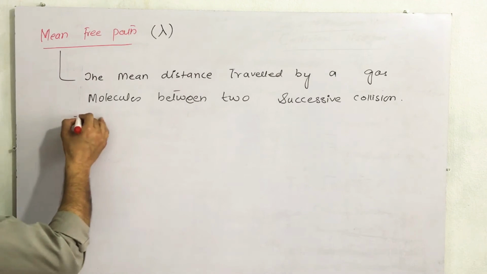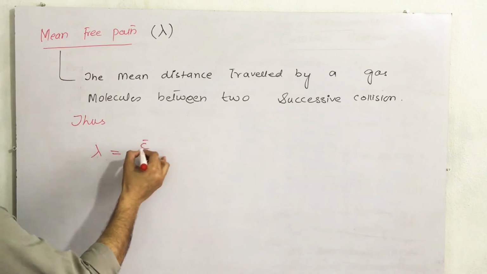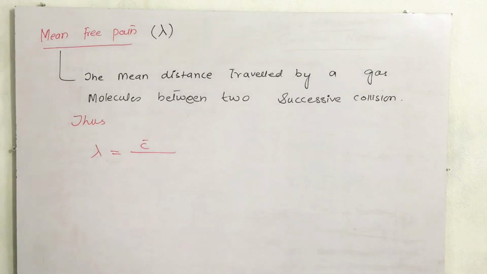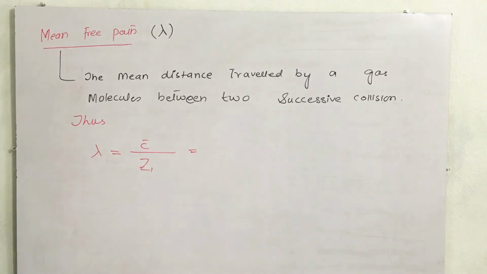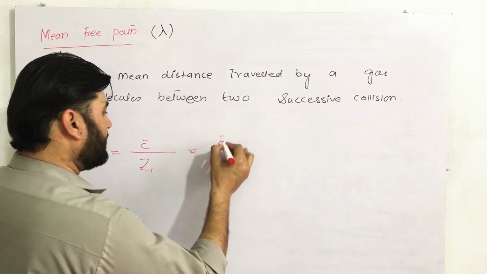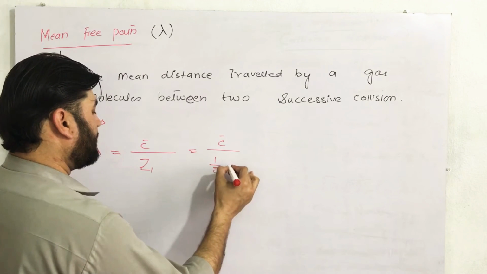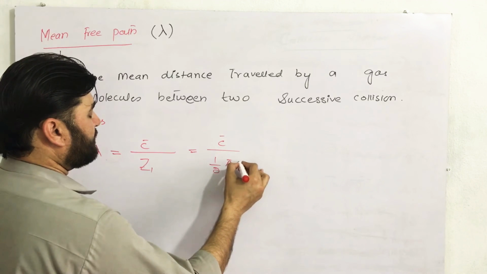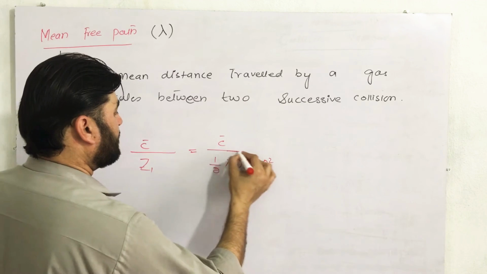Thus we can say lambda is equal to c bar, where c bar is the root mean square velocity, divided by z. In the previous lecture we discussed what is z. So we can write z as half pi sigma square c bar and rho square.